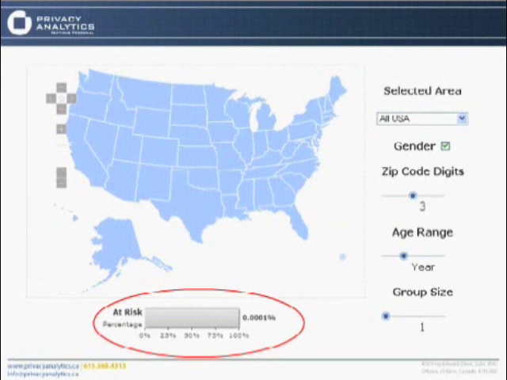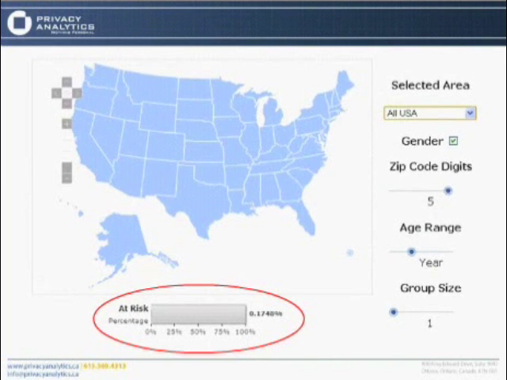Now, if we say we want ZIP5. So again, for the whole country, we have ZIP5, year of birth, and gender, and now 0.17% of the population is unique. Now 0.17% would be considered by most standards, and I will talk about standards later on, as a very low risk.